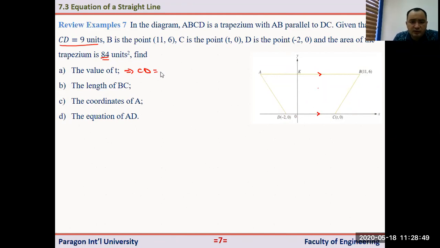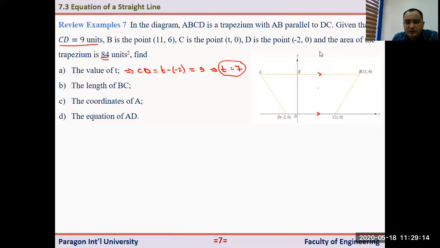So that's equal to t minus the smaller one, -2, which is equal to 9. So from here, t plus 2 is equal to 9. Take to this side, 9 minus 2 is 7. So the value of t is 7.